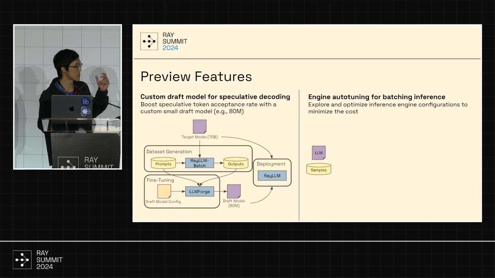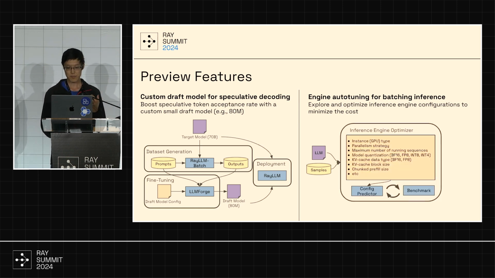Specifically, you need to provide the model you want to use and a small set of sample data. Then the inference engine optimizer will choose the best GPU type, the best prefill strategy, and so on, and figure out the best configuration. Then you can simply feed this configuration file along with the workload you defined to the RayLLM batch, and everything will just work.